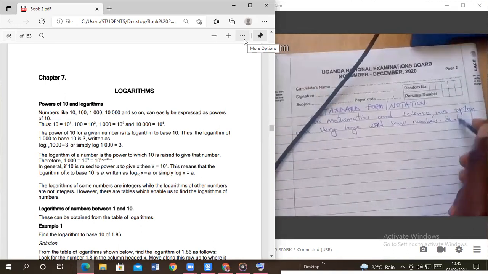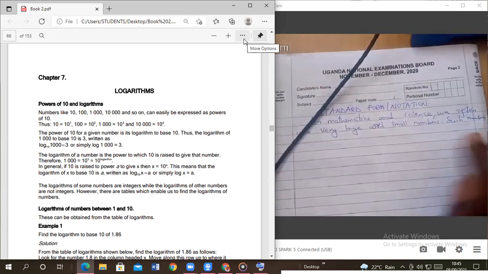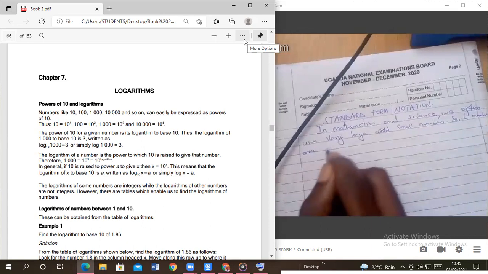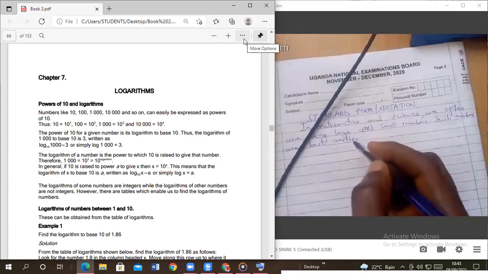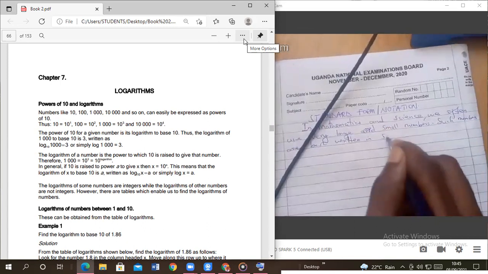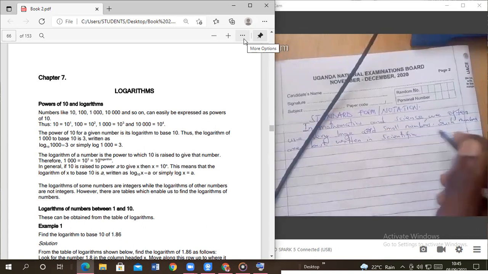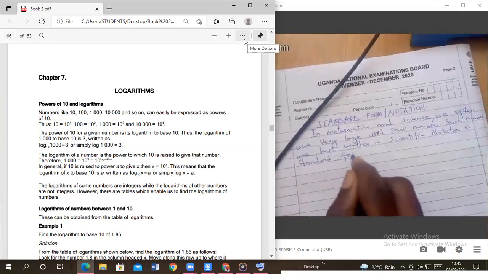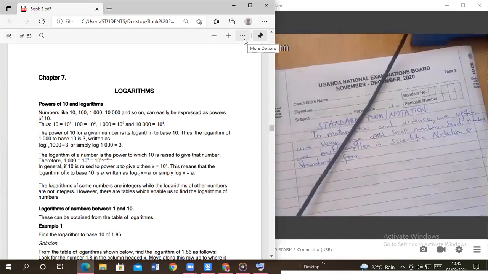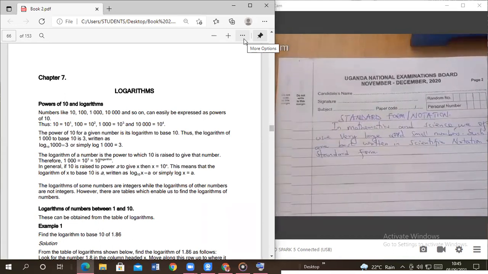Such numbers are best written in scientific notation or standard form.